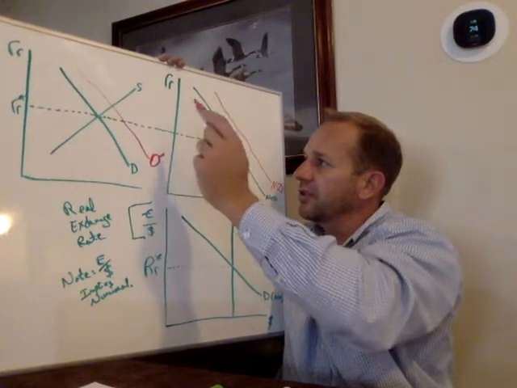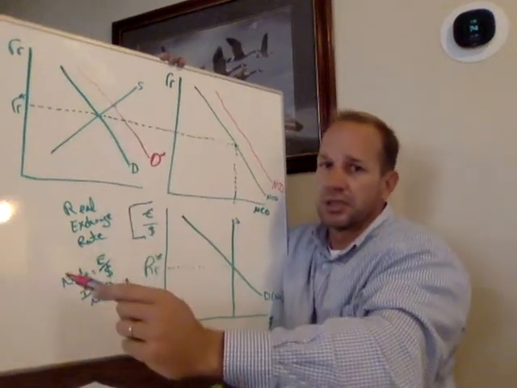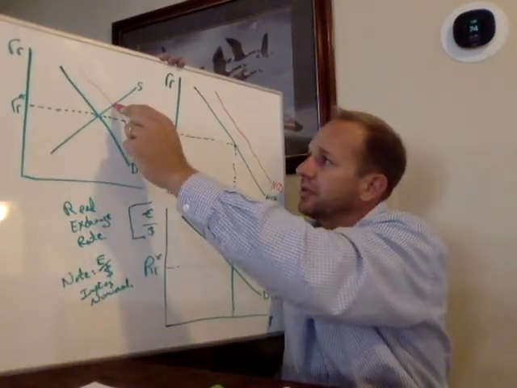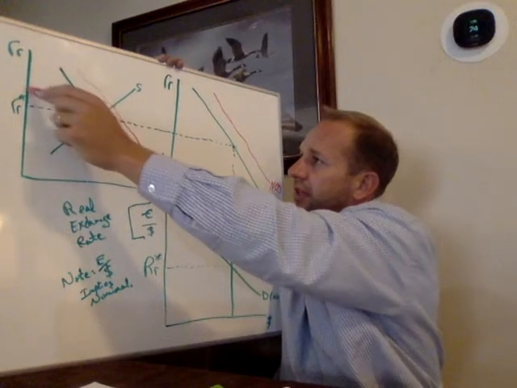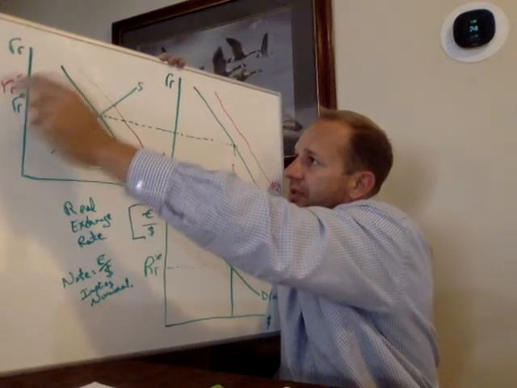I'll proceed as if I could draw a straight line left-handed. And now I have a new equilibrium. And now at that new equilibrium, a higher real interest rate, because that's what these are over here, interest rates.